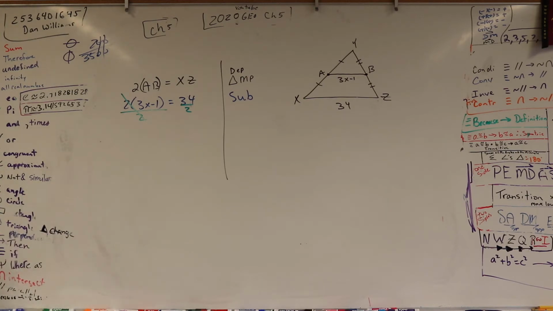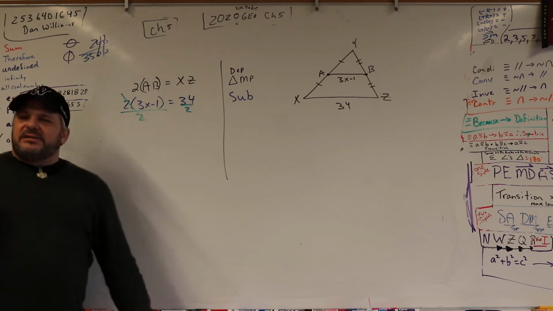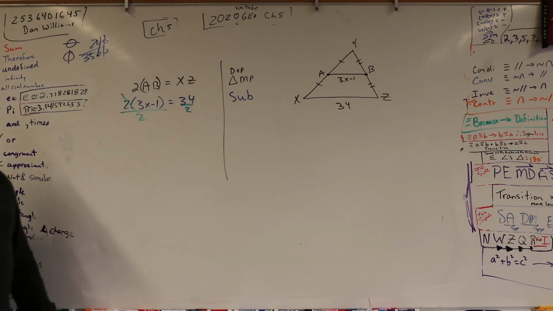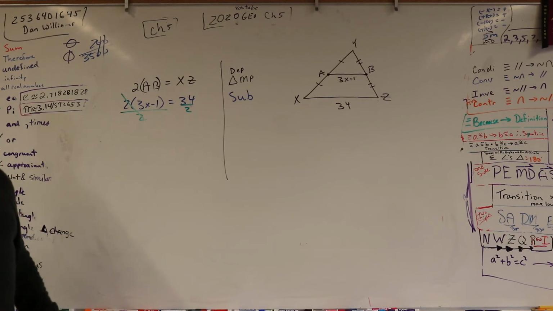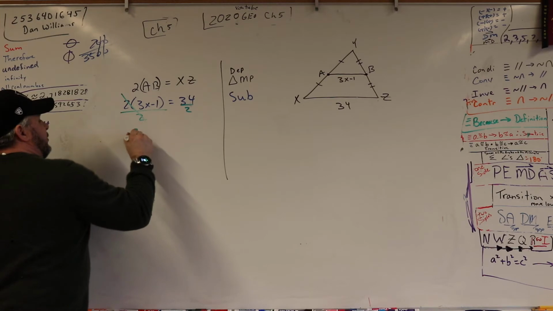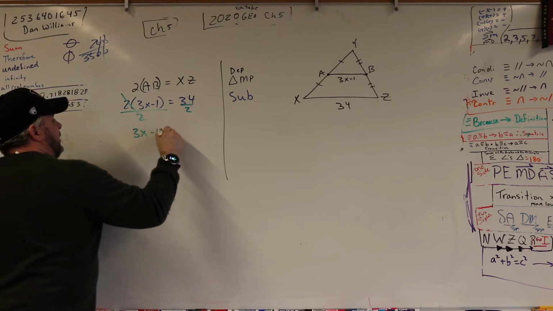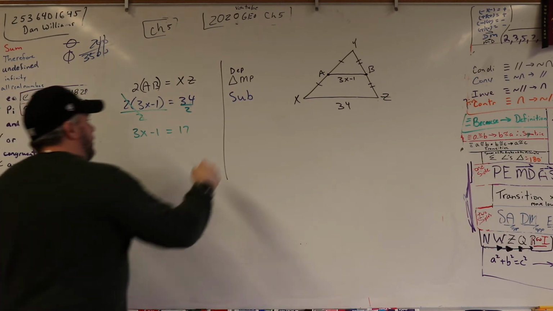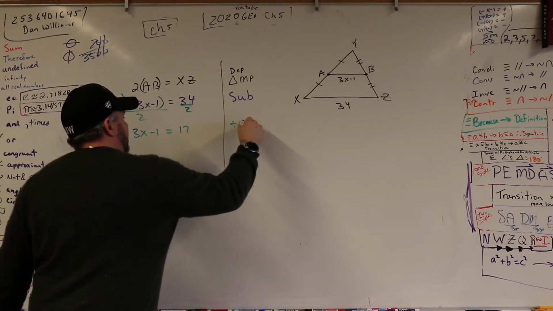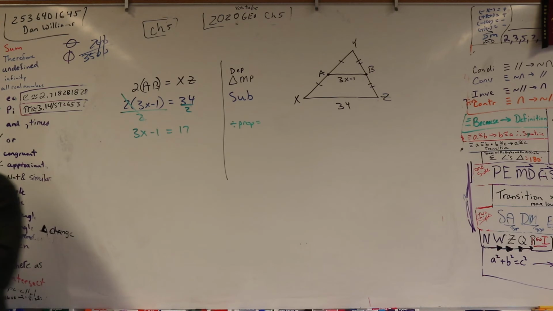Now you don't have this big polynomial that you've got to deal with. You can just cut it in half, make it a smaller polynomial, and then you don't have to distribute. So now you got 3x minus 1 is equal to 17. What did we do? Division property of equality. Then what?